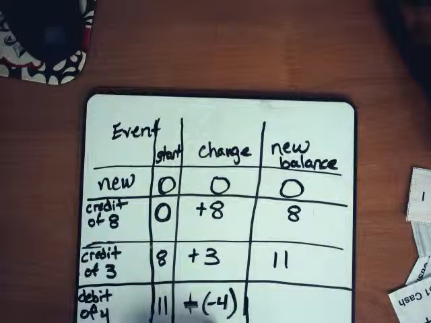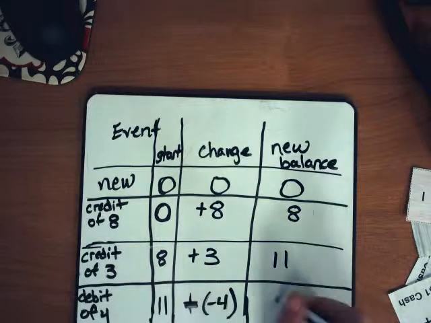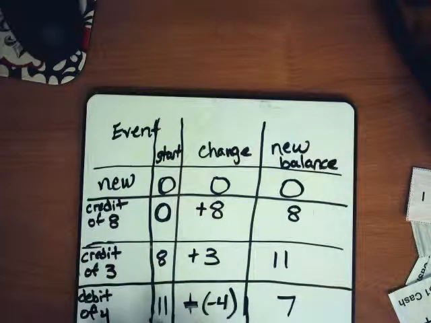What are we going to do? Subtract. Same signs, add and keep. Different signs, subtract. Okay? So what is 11 minus 4? 7. Take the sign of the higher number, then we'll be exact. So 11 plus negative 4, or 11 minus 4, we end up with 7.